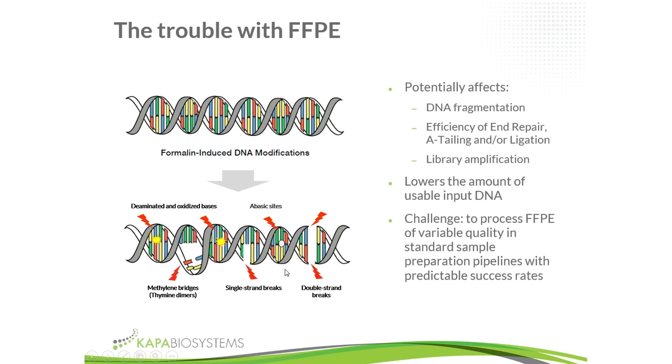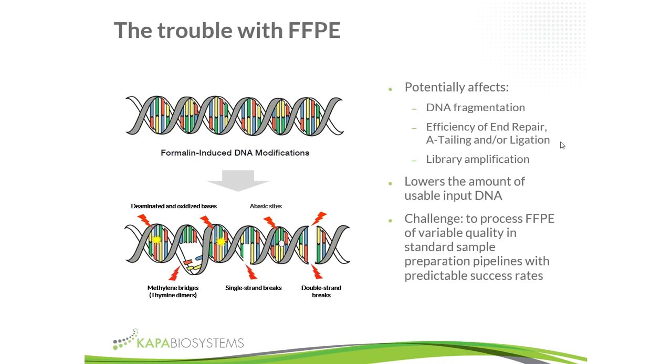And these damages are a combination of the initial treatment or embedding of the tissue and then also the DNA extraction. And these molecular damages potentially affect our ability to fragment FFPE DNA consistently and with predictable success. It potentially affects the efficiency of end repair, A-tailing, and ligation during library construction, and then definitely affects our ability to amplify libraries constructed from FFPE DNA.